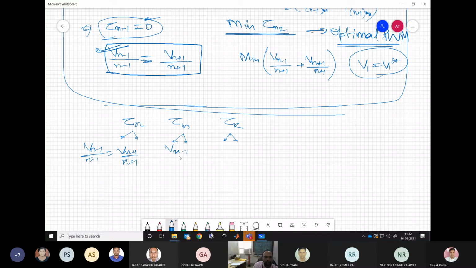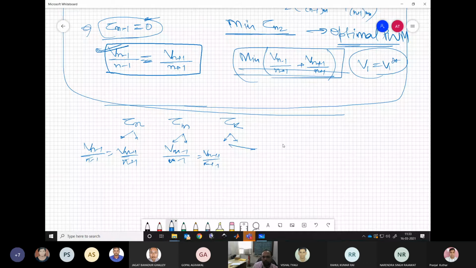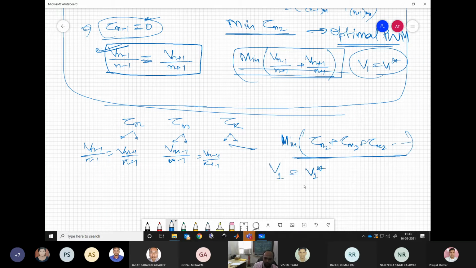Then Vm minus 1 by m minus 1 equal to Vm plus 1 by m plus 1, and so on. And sum of all these to a minimum value. So minimize this tau n2 plus tau m2 plus tau k2 and so on, whatever is the number of harmonics given, while maintaining your fundamental at the desired value.